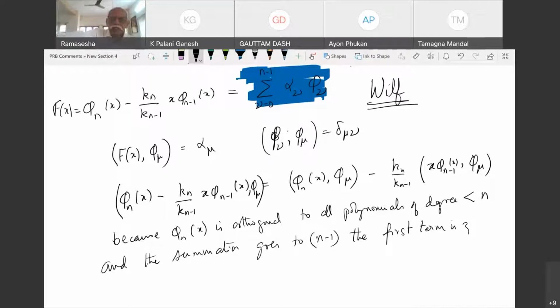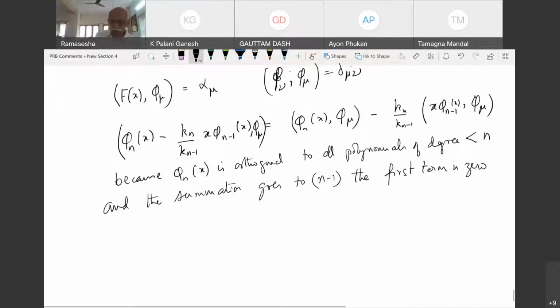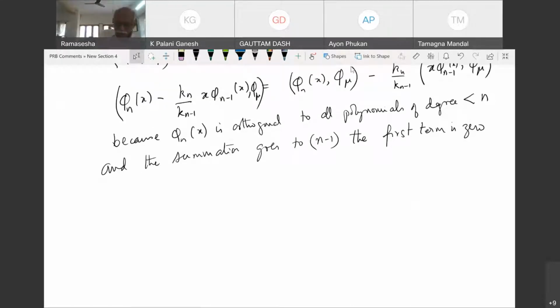Let us look at the second term. This is p_n(x) minus k_n upon k_{n-1} x p_{n-1}(x) with p_mu.